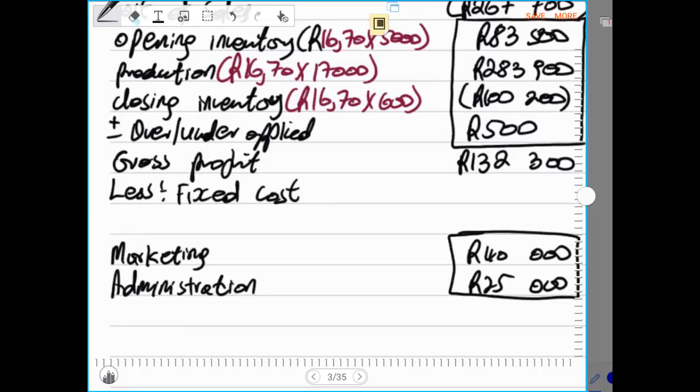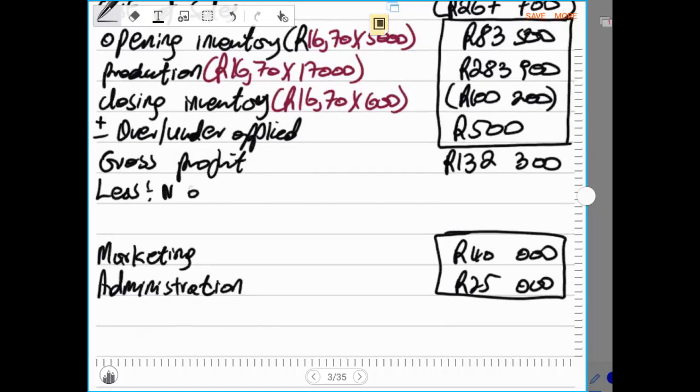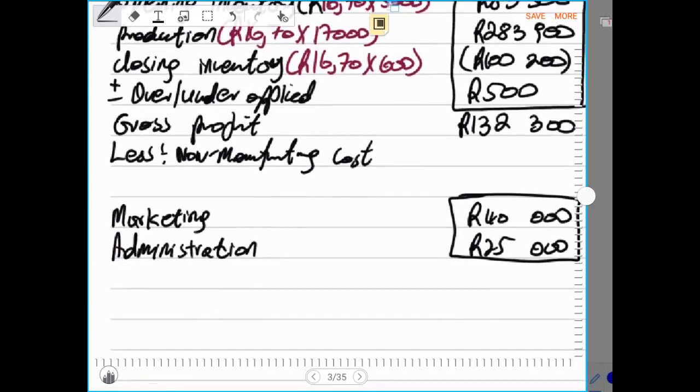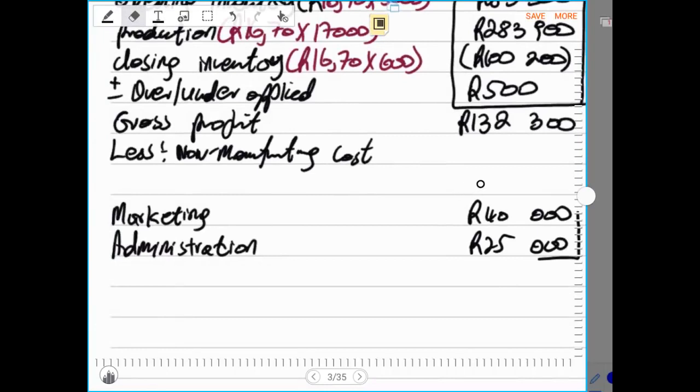Less non-manufacturing cost. Let me note that. And under our non-manufacturing cost, we have the fixed costs that were taken into account.